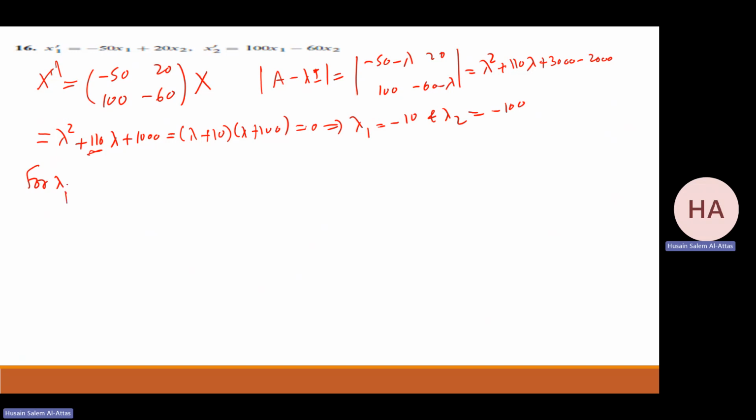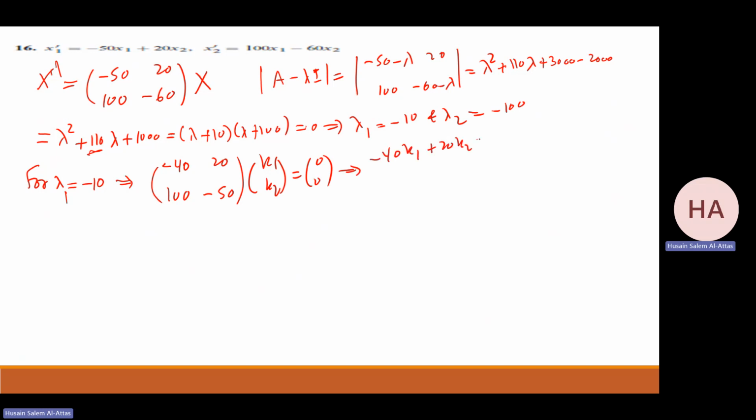Lambda 1 is minus 10. So you have minus 50 plus 10, that will be minus 40, 20, 100, minus 60 plus 10 is minus 50. Times K1, K2 equals 0, 0. That gives me minus 40 K1 plus 20 K2 and 100 K1 minus 50 K2.